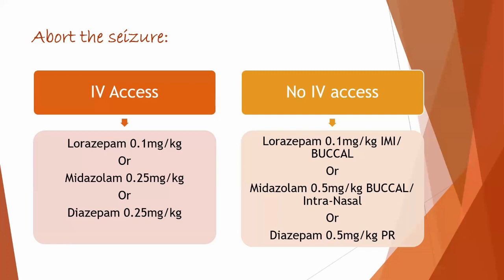or then diazepam 0.2 milligrams per kg. If you don't have any IV access, then you can use lorazepam, same dosage, 0.1 milligrams per kg, either IM or buccally. Midazolam 0.5, so you double that from the IV dosage, so 0.5 milligrams per kg, buccally or intranasally, or IM, or diazepam 0.5 milligrams per kg per rectum.